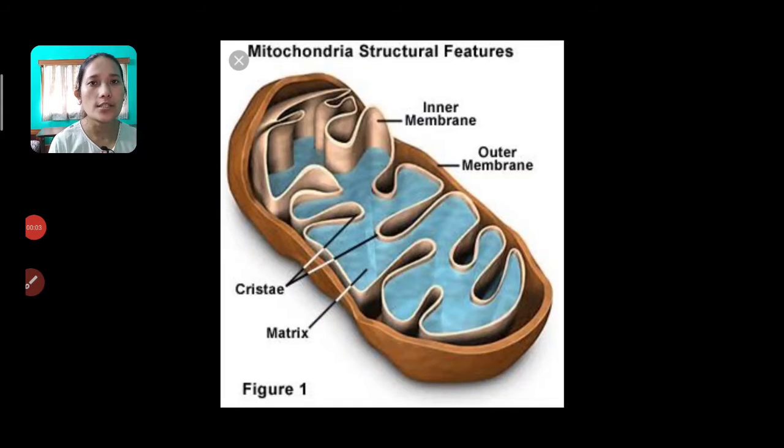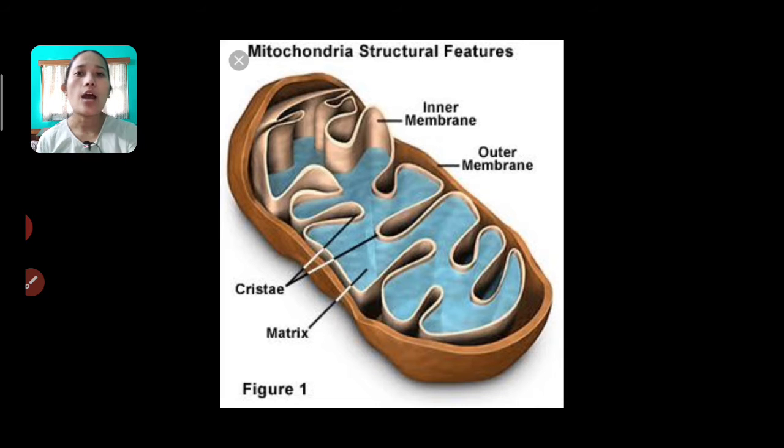First, let us discuss mitochondria. Mitochondria is also referred to as the powerhouse of the cell. Why is it referred to as the powerhouse of the cell? That will come later. First, let us discuss the structure of mitochondria. Now, mitochondria is a double membrane structure.